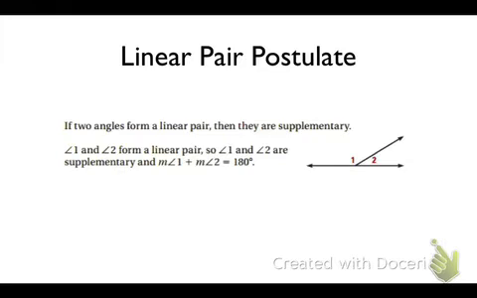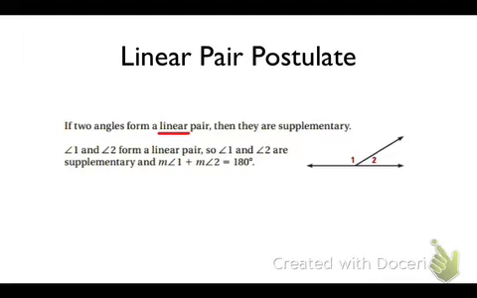This is one, again, that I think you're already familiar with, but we're going to make it formally defined. This time, we're talking about the linear pairs postulate. It just says if two angles form a linear pair, then they are supplementary. Remember, we've got the word linear, meaning they form a straight angle or a line. So that's one that we just accept.